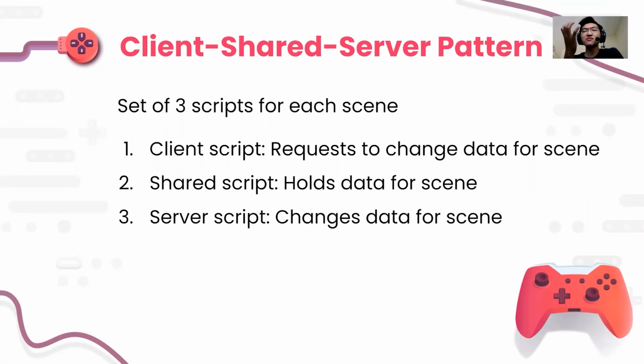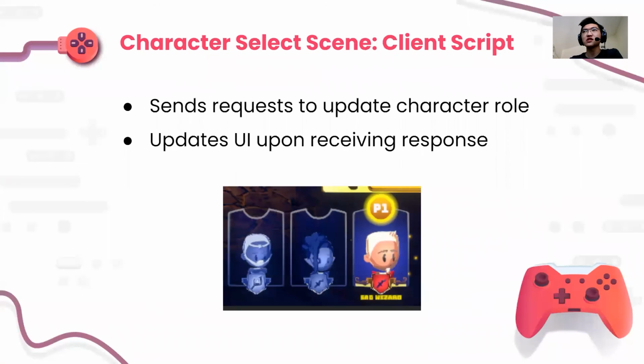As I mentioned before, the server is in charge of all of the data in the game. It's in charge of identifying what the true state of the game is. So whenever the server changes data on the screen, or changes the game state, it sends an update through the shared scripts, and the shared scripts then send an update to the clients, which will then update the UI.